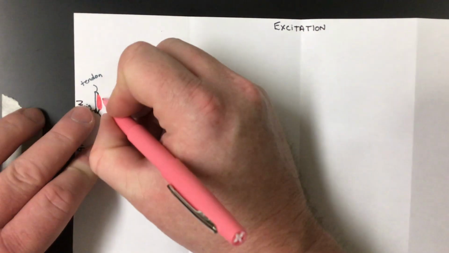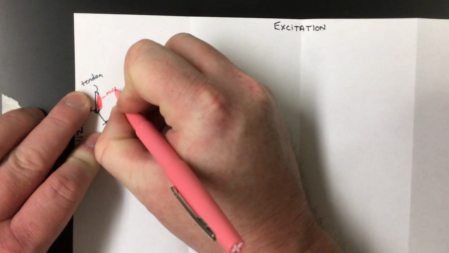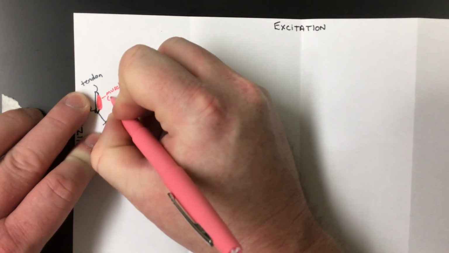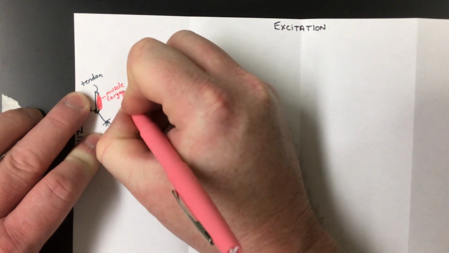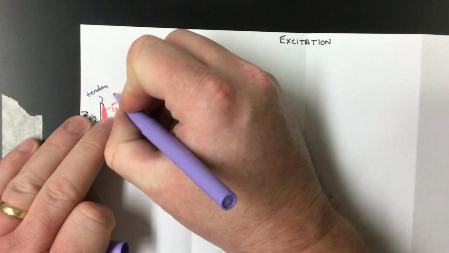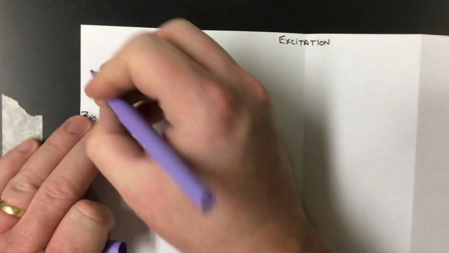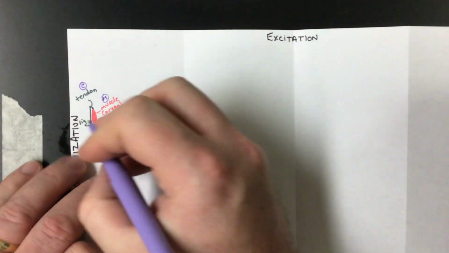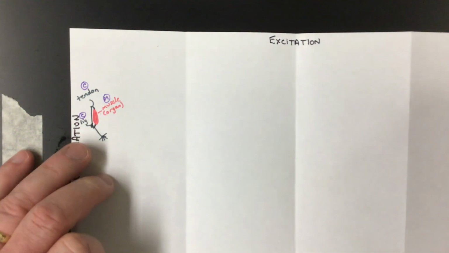All right, so we'll label this guy as a muscle and remind ourselves that muscles are organs. And muscle, if we categorized it by tissue type, of course, it's going to be a muscle tissue, and a tendon is a connective tissue, and a ligament is a connective tissue as well.